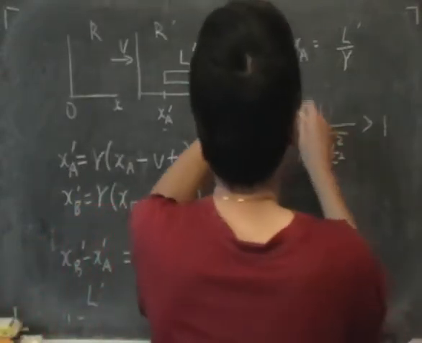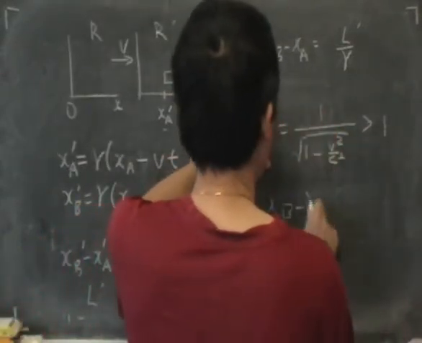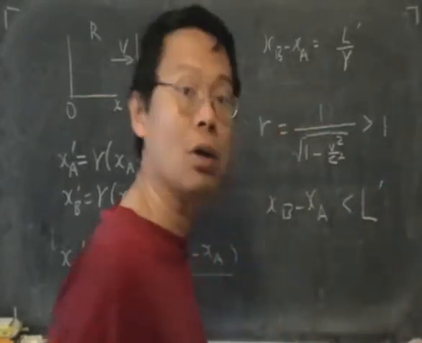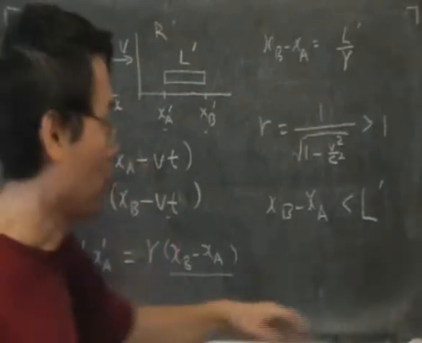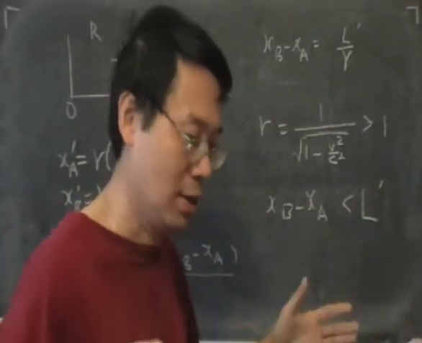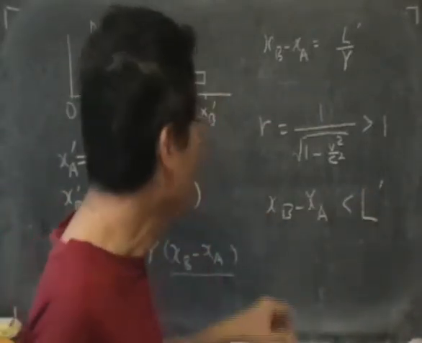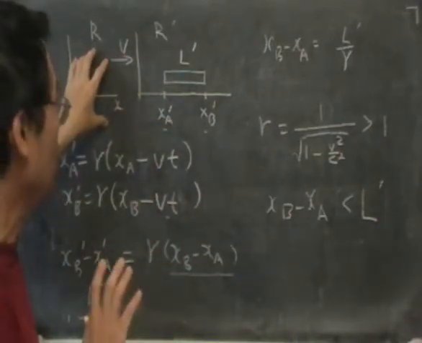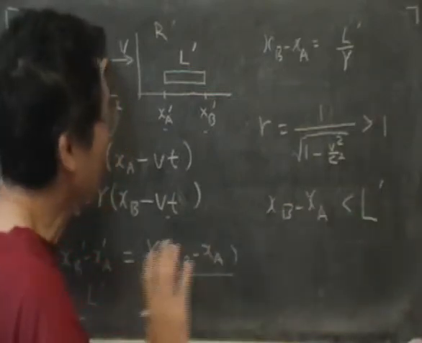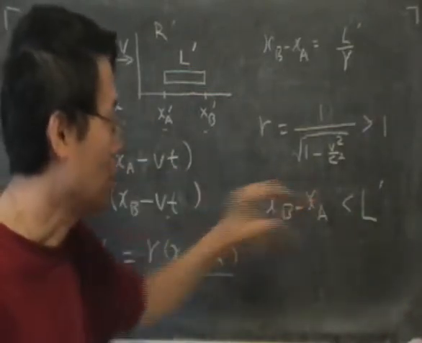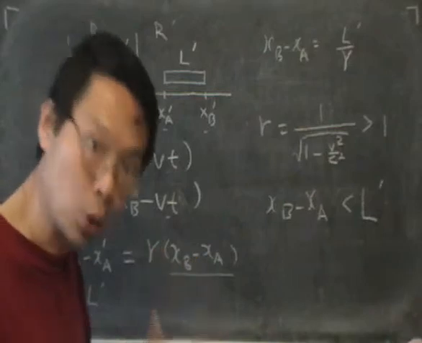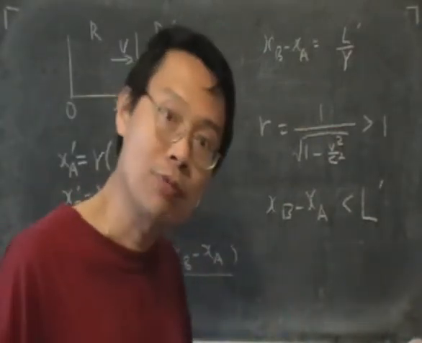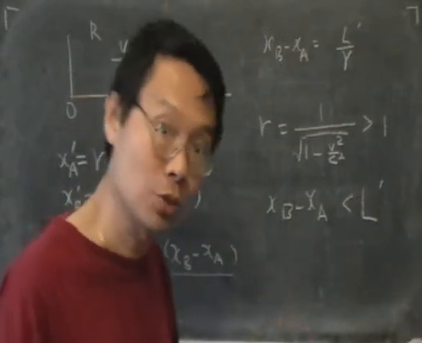That means xb minus xa has to be smaller than the length of the ruler, by which I mean the length in the rest frame of the ruler. So as far as this observer is concerned, he sees that ruler moving, and when he measures the length of the moving ruler, he gets a result that is actually shorter than the length of the ruler. So in this way, we have just predicted length contraction.